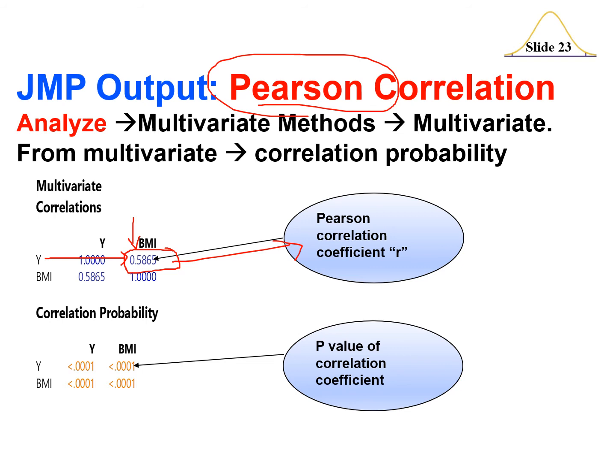Also, with the results, we have the probability. This is the p-value of the significance test, the p-value of the correlation coefficient, which is less than 0.05. It is very small, 0.0001. Again, take the value of small r and the p-value of correlation.